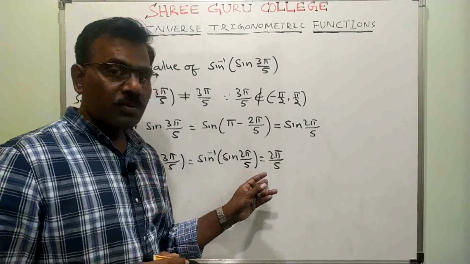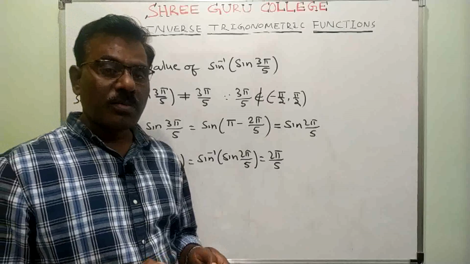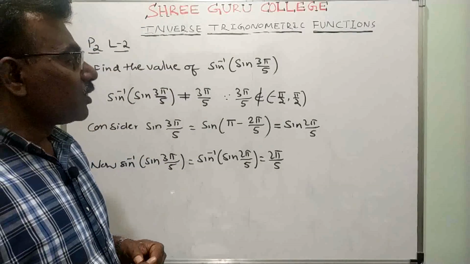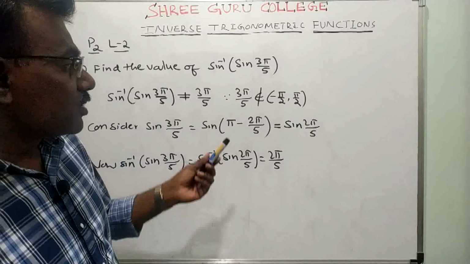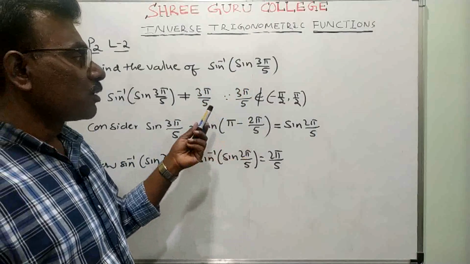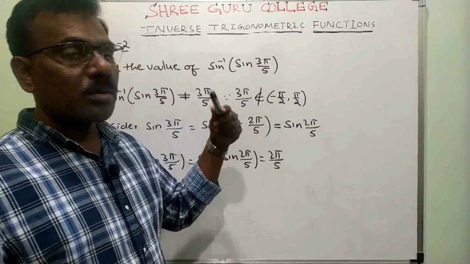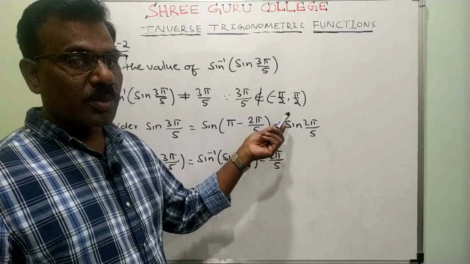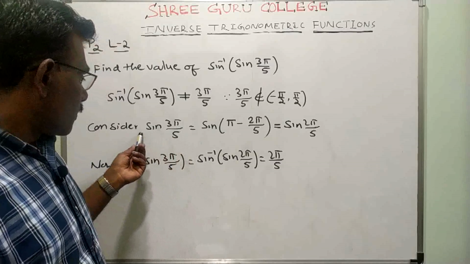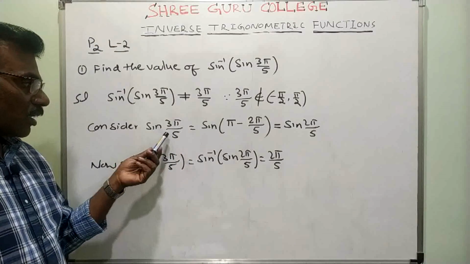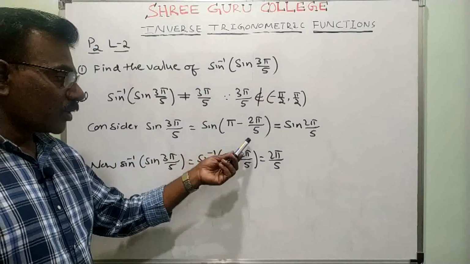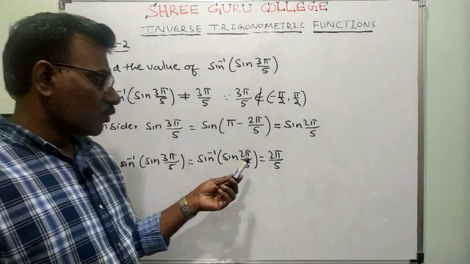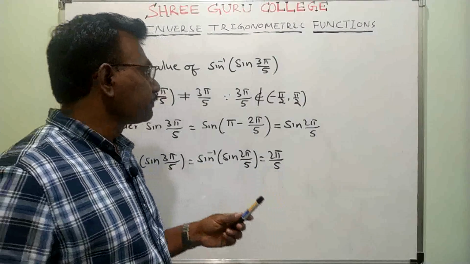So this value is between minus pi by 2 and plus pi by 2. Using the property sine inverse of sine theta is theta, but here theta is not equal, because 3 pi by 5 does not lie between minus pi by 2 and plus pi by 2. So you go to the allied angle, sine of 180 minus 2 pi by 5, which is sine 2 pi by 5. Okay, so the correct answer is 2 pi by 5.